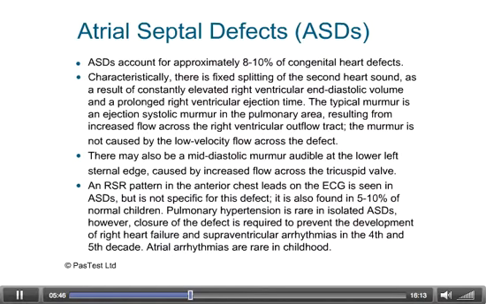This means there's a relatively fixed amount of blood that goes into the left ventricle compared to the right ventricle. Therefore, there's a consistent ratio of filling of both the ventricles, so the relationship of the left and right ventricle ejection times are fixed.